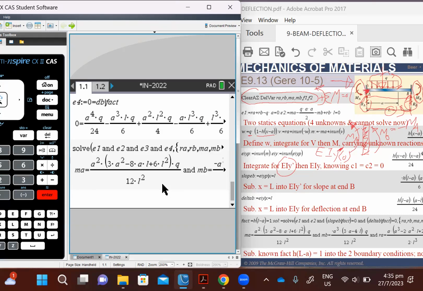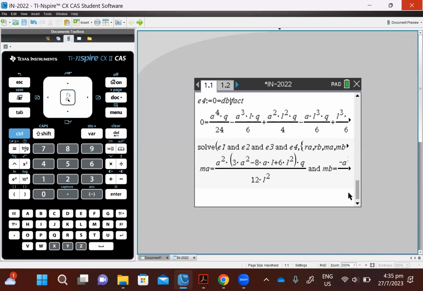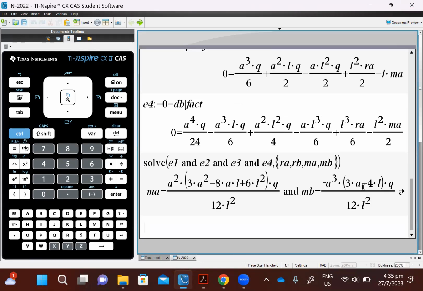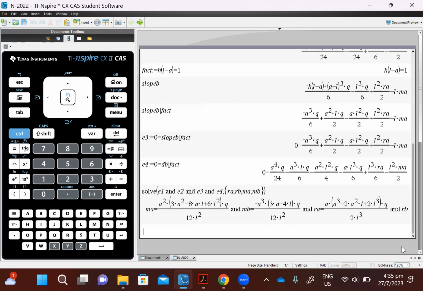Okay, so here is your complete solution. Let's take a look at it. It is a bit long, so I would definitely recommend that you do it using some kind of software.